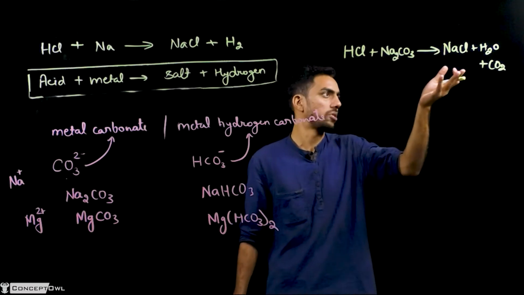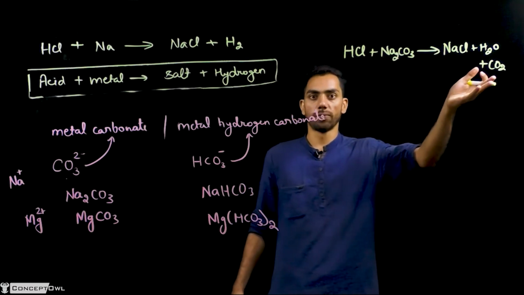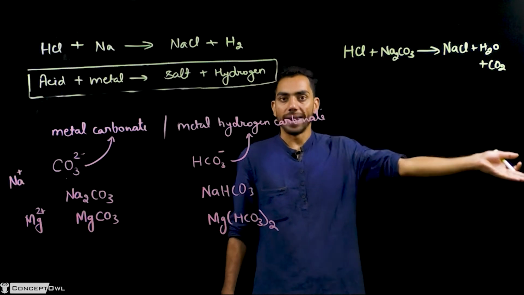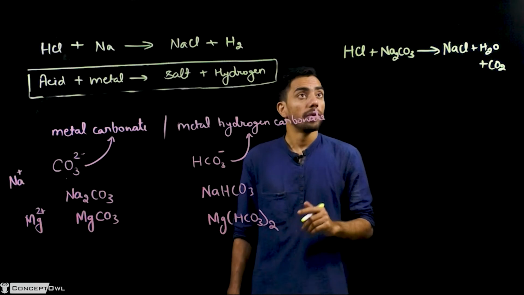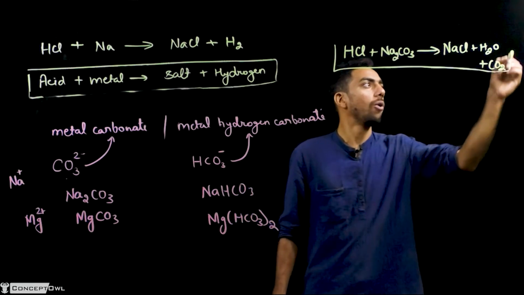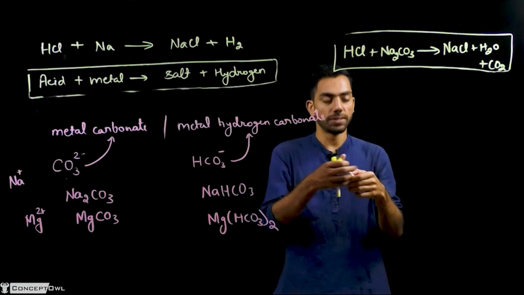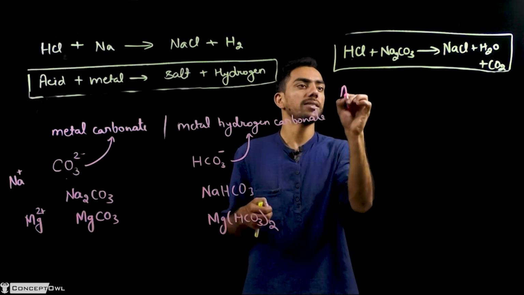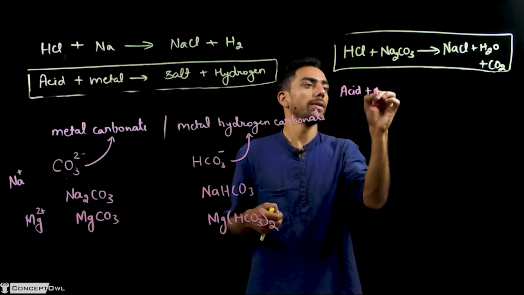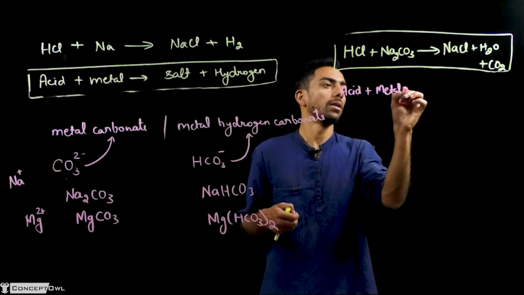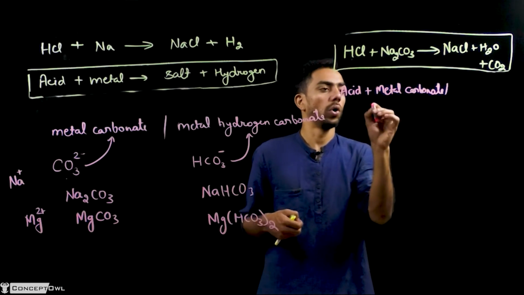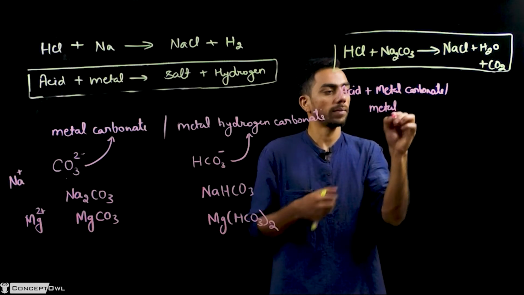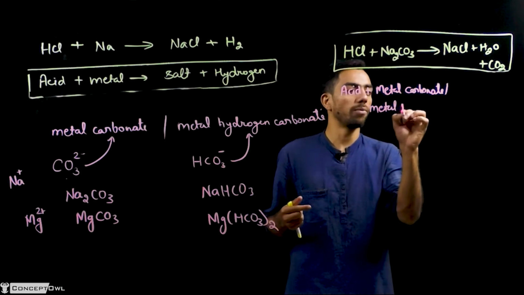So we can use this carbon dioxide either for a fire extinguisher or to fill our Pepsi bottle. Okay, so now I'm writing in a general way that acids react with metal carbonates or metal hydrogen carbonate.